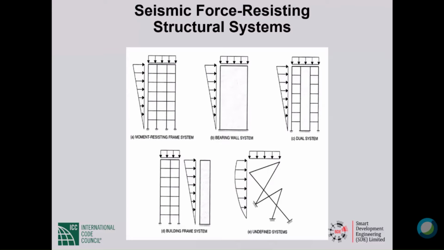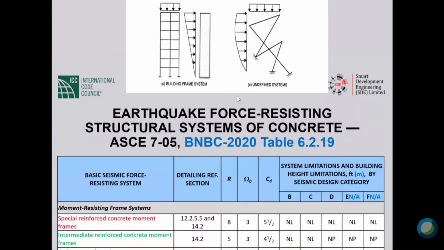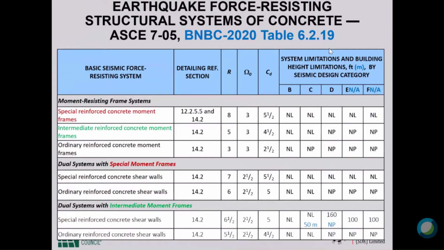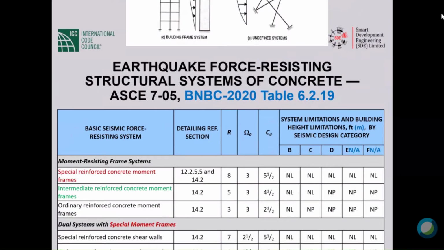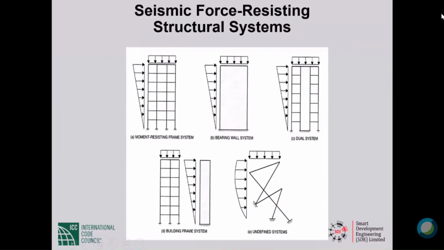Okay, so that is the moment resisting frame system. Then what used to be called in the old days the box system, for a long time now we have called it a bearing wall system, where shear walls carry gravity loads and the same bearing walls acting as shear walls carry lateral loads.